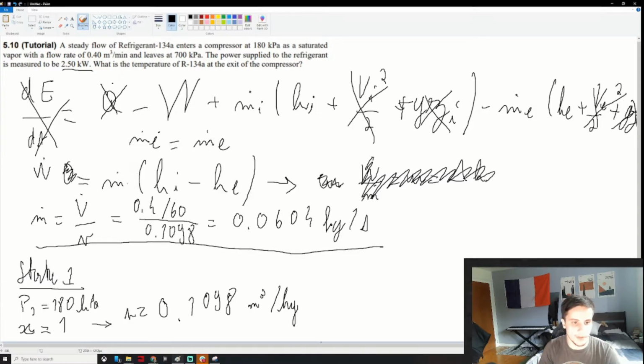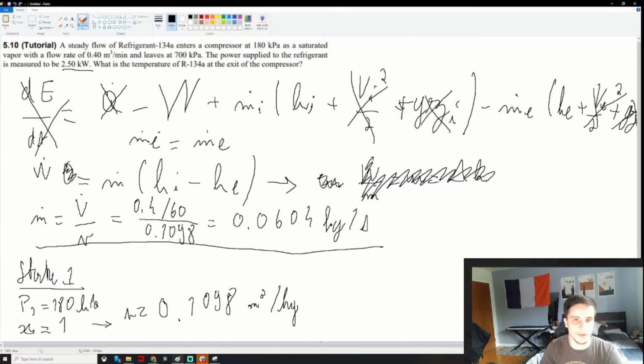We have work, we have mass flow rate, we don't have specific enthalpy. Again, the refrigerant in this case is even worse, it's in the mixture phase, not even a vapor. We definitely can't use that Cp times delta T equation. So we're just going to use the property tables. We're going to assume that in both cases it stays at saturated vapor, using the property tables at these respective pressures.